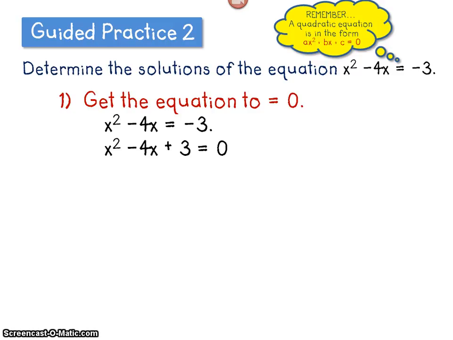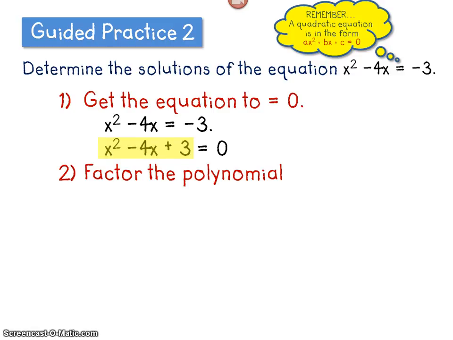Now I have the polynomial that's equal to 0, so let's factor the polynomial. We have x squared minus 4x plus 3, and again we have to decide which factoring method to use. I see a trinomial in the form x squared plus bx plus c, so sum and product. My sum is negative 4, product is 3. What are the two numbers?